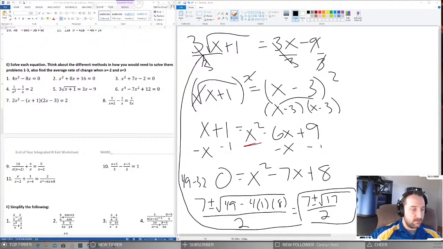I can verify that real quick with like Desmos. So 3 square root of x plus 1 and 3x minus 9.